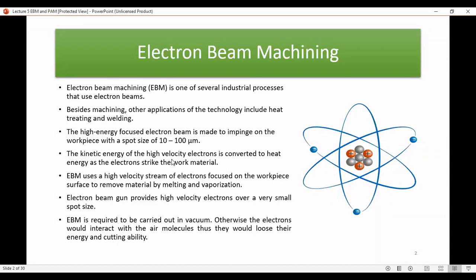Once they collide with the workpiece material, you have an energy transformation from kinetic to heat energy. This heat energy is what actually melts the material and removes it. It uses a high velocity stream of electrons focused on the workpiece surface to remove material by melting and vaporization.